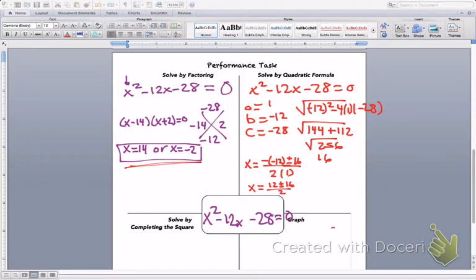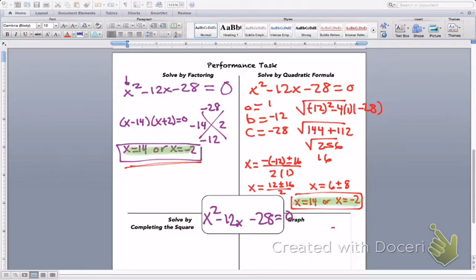This divides nicely, so I'm going to rewrite it as x equals 6, because 12 and 2 divided gives us 6. 16 divided by 2 gives us 8. And then we can actually add and subtract this. 6 plus 8 gives us 14. Second solution, 6 minus 8 gives us negative 2. And again, my answer here matches my previous answer as it should.